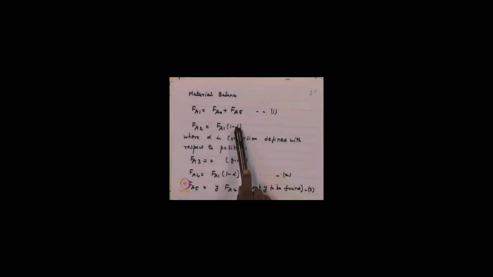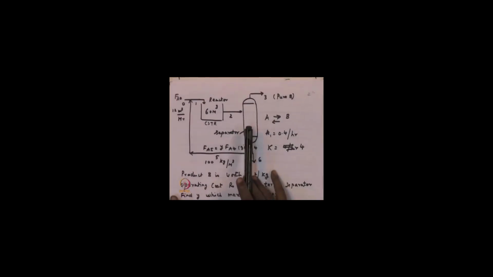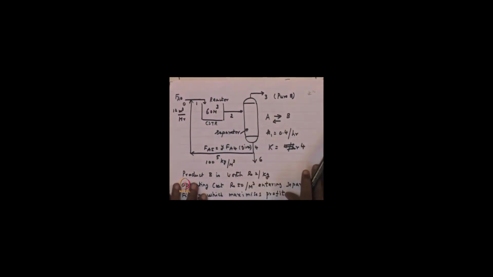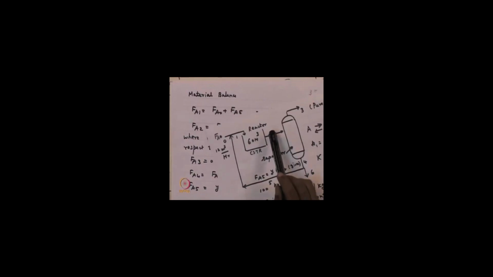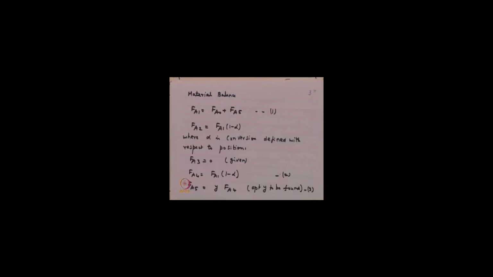So, fraction alpha of F A 1 is consumed, therefore what emerges from the reaction equipment is the unreacted A, which is F A 1 times 1 minus alpha. And therefore, the amount of reacted material is F A 1 times alpha, that will be the product B. We have defined conversion alpha with respect to position 1, that means, with respect to F A 1.